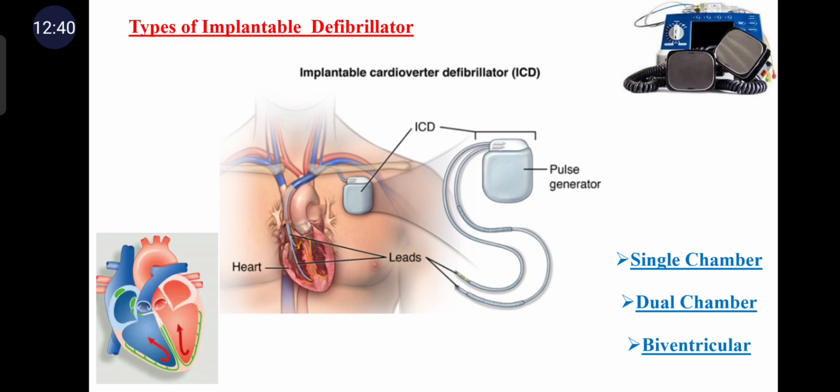In the biventricular device, there are three leads, of which one is placed in the right atrium and the remaining two are placed in the left and right ventricles. In addition to the functions provided by the dual chamber device, these are capable of synchronized pacing to the left and right ventricles, which is useful for individuals at high risk of heart failure.